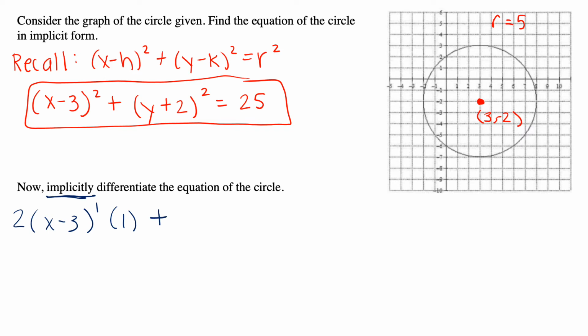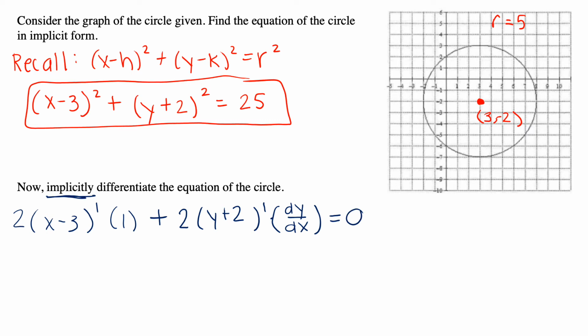Plus, same process here, we take the chain rule, take our 2 to the outside, new exponent is 1, and our inside stays the same, y plus 2. Now when we take the derivative of our inside, we need to write the derivative of y with respect to x, which we write as dy/dx, plus the derivative of 2, which is just 0. And then the derivative of 25 is just a constant, so this goes to 0.